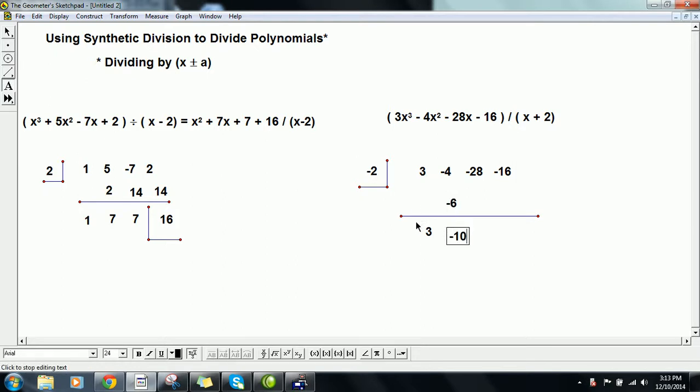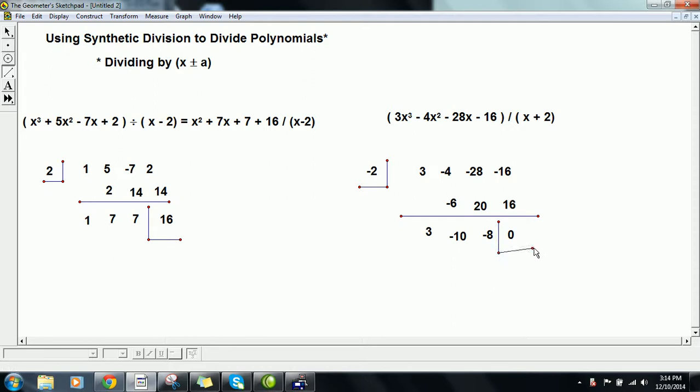So I multiply negative 2 times 3 to get negative 6, and then I add vertically. Right? Multiply negative 2 times negative 10 to get 20. Add. Multiply negative 2 times negative 8. Add. Oh, that's kind of cool, right? And I put that last number in the box. Okay? Remember, that last number is the remainder.